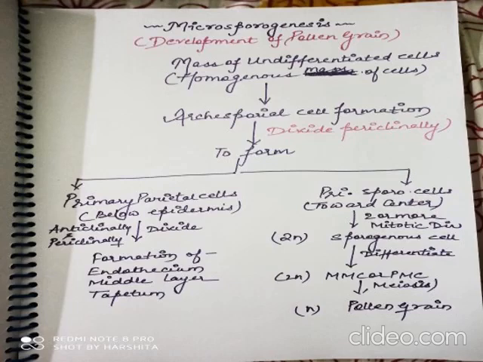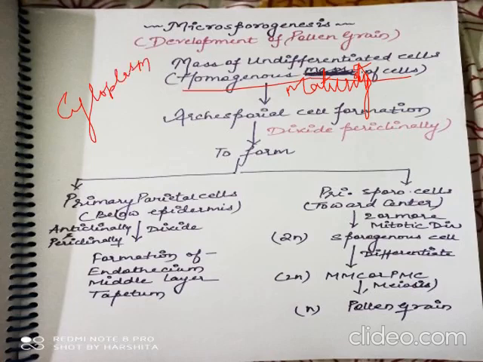So that is a homogeneous mass of cells, and upon maturation, when they attain some kind of maturity, some of the cells of this homogeneous mass become cytoplasmically dense. After becoming cytoplasmically dense, they are referred to as archisporial cells. You can call this archisporial cell formation.